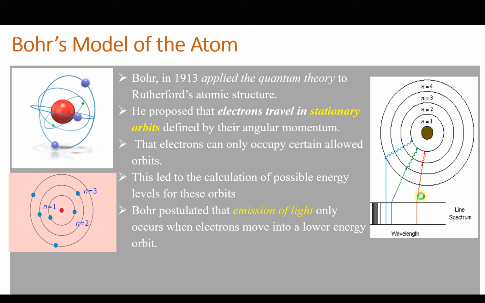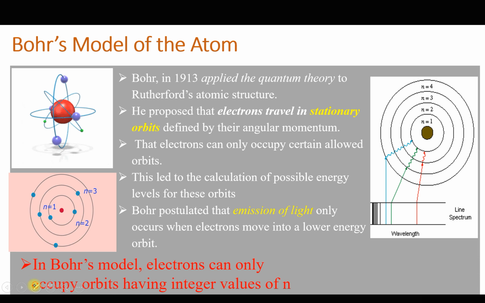So, electrons are therefore orbiting the nucleus in only certain allowed orbits. These electrons can only occupy orbits which have integer values of n. So, an electron can only exist on a certain orbit where n is equal to 1, n equals 2, n equals 3, but this electron cannot exist between n equals 1 and n equals 2.